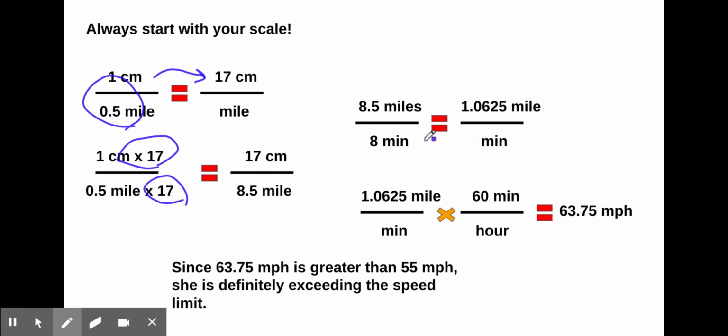So to do that, we've got to divide the top and the bottom here by 8. And that's how we figure out that we're traveling 1.0625 miles per minute.